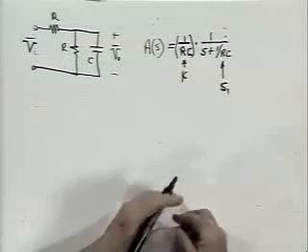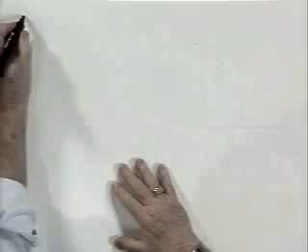Let's look now at a circuit which involves both an inductor and a capacitor, and exhibits the phenomenon of resonance, showing a peak in the Bode diagram at one particular frequency. For this is example 2.